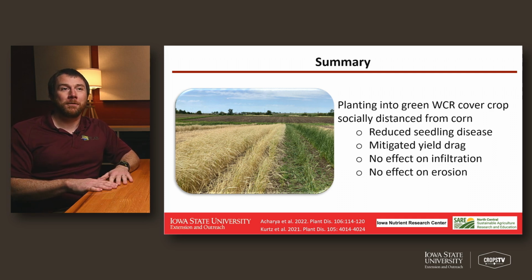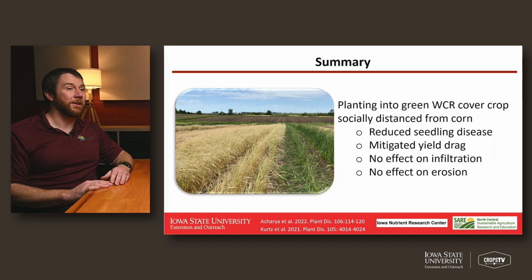And then in terms of infiltration, we were really seeing, again, the cover crop in any way, shape, or form is improving that, as well as erosion. So these were really exciting findings and starting to help us understand what kind of capabilities we can have moving forward. So I wanted to talk about some other research that we've been doing, trying to understand why this yield drag is occurring occasionally after cereal rye.